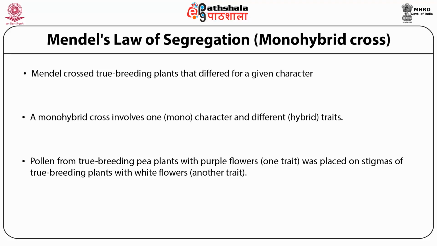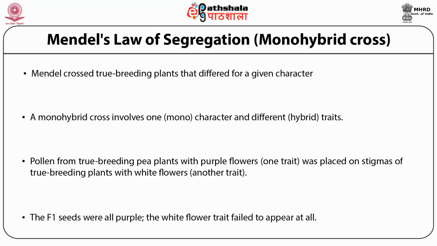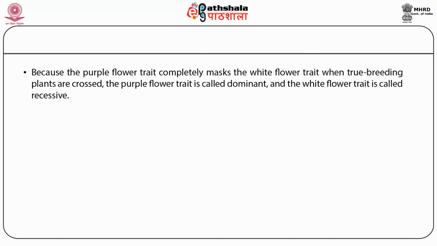By this experiment, he got the F1 seeds, which were all purple. The white flower trait failed to appear at all because the purple flower trait completely masks the white flower trait.